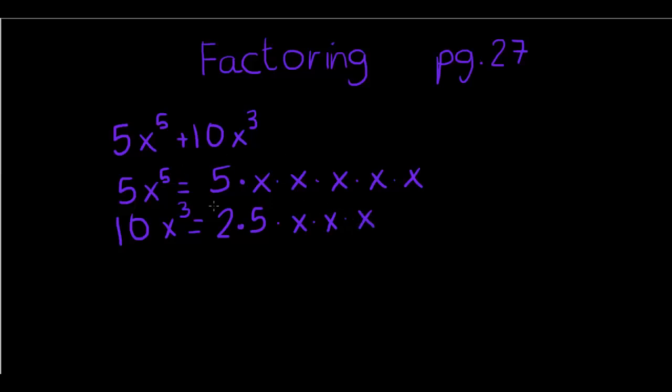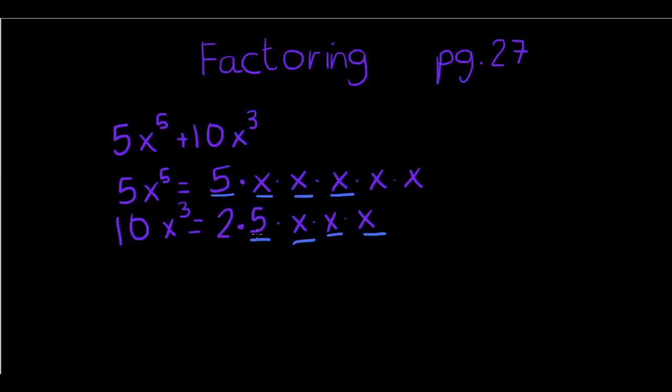And now we're going to take a look at what's common amongst both of them. Well, I can see that both of them have a 5. And I have 1, 2, 3 x's that are common amongst both of them. So what does this mean?